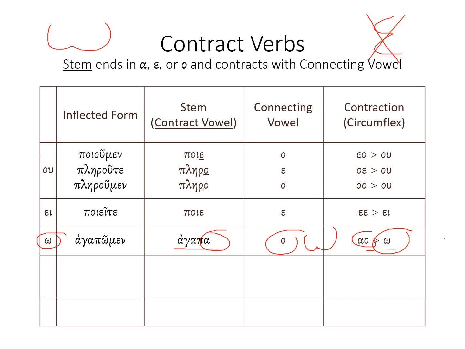So when we get into the first person singular, this strong omega here has eaten up this alpha, and we have agapō just in the actual text itself.